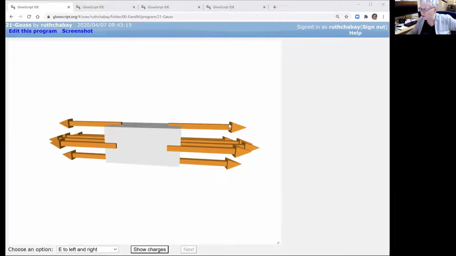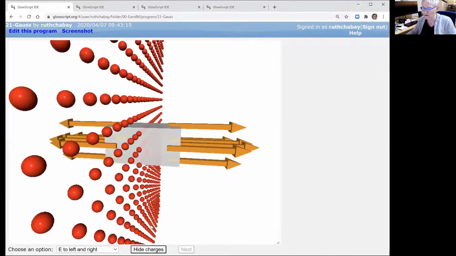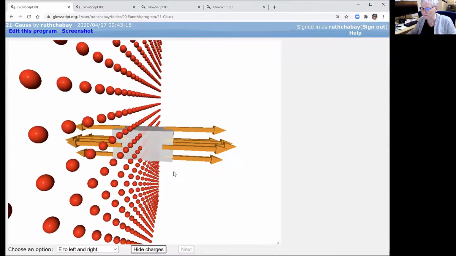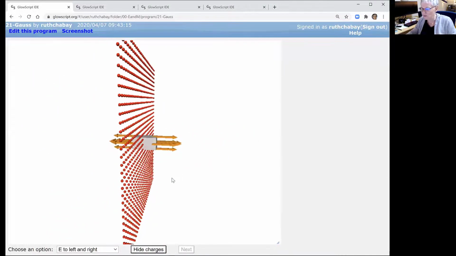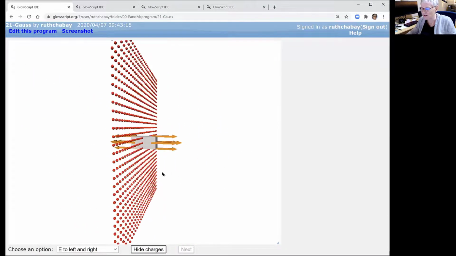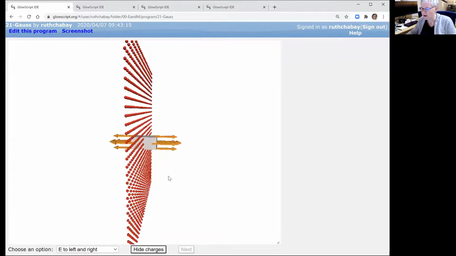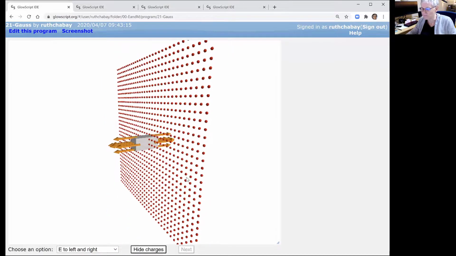So this time what you say is there's a big vote for net positive charge. And probably if you were thinking of something, let's show the charges. What we've got here is basically a charged plate approximated by a whole bunch of point charges.